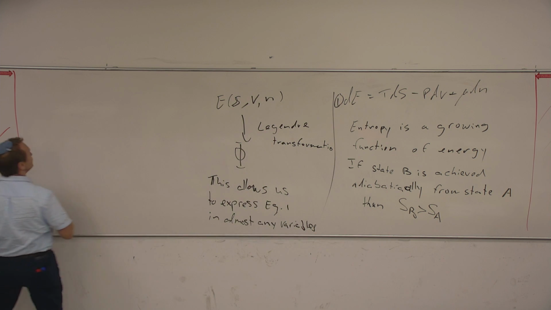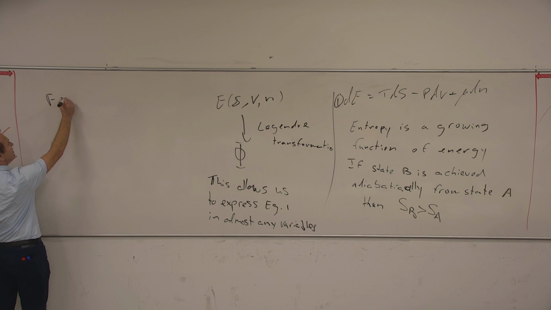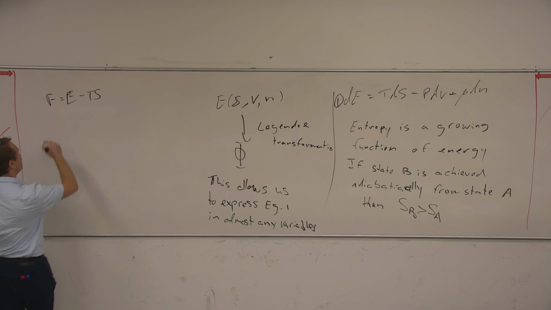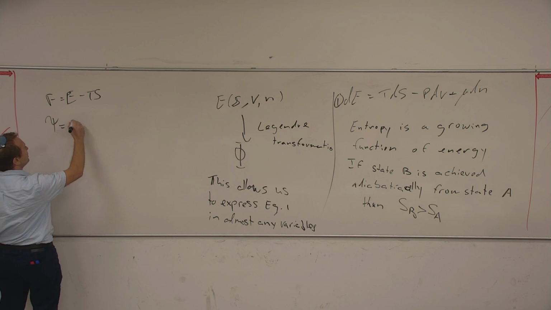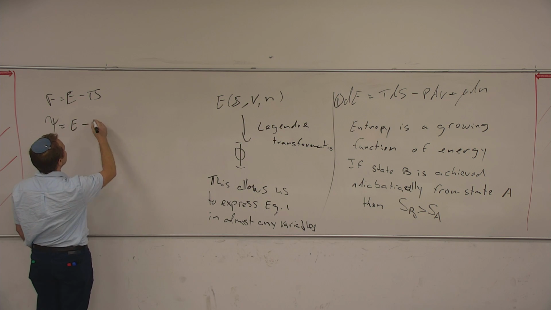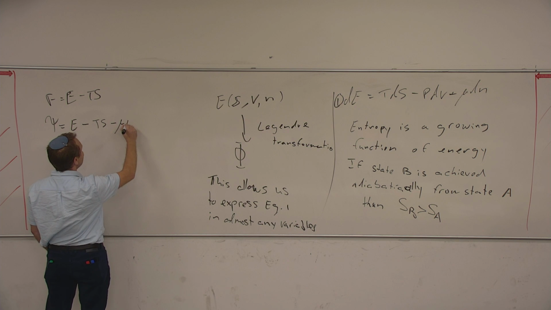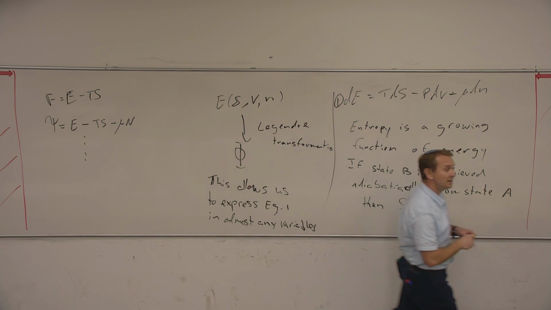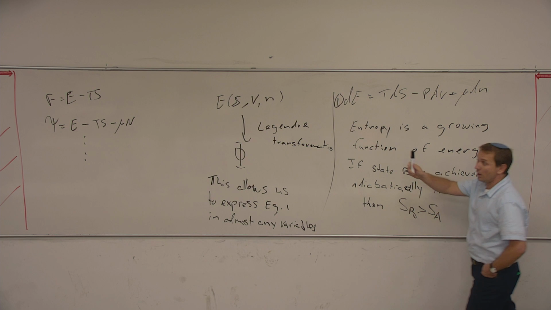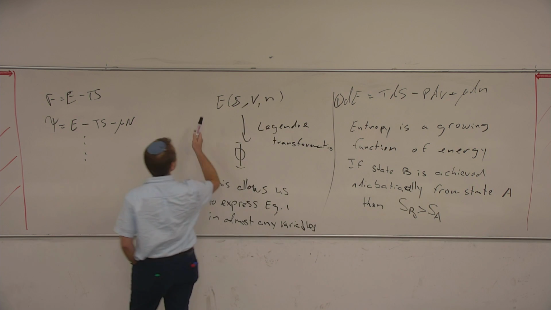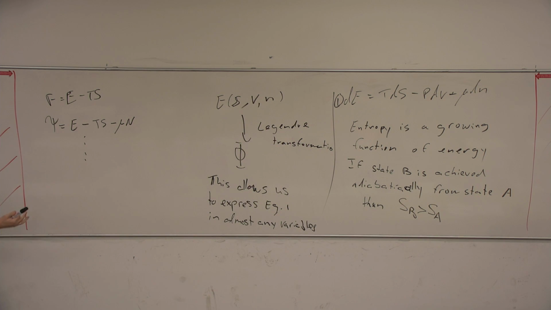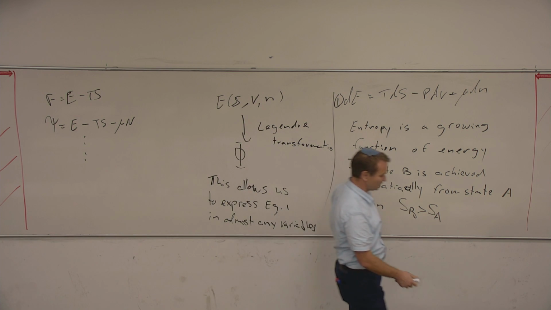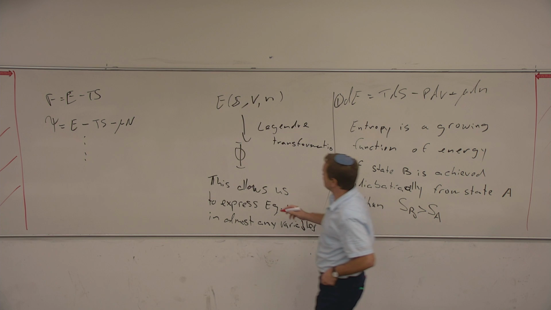For example, we've seen the Gibbs free energy, E minus TS. We've seen the grand canonical potential, E minus TS minus mu N, and we had all different kinds of names for these functions, which are basically a form of energy in different coordinates or in different variables. So we call those functions generalized potentials.